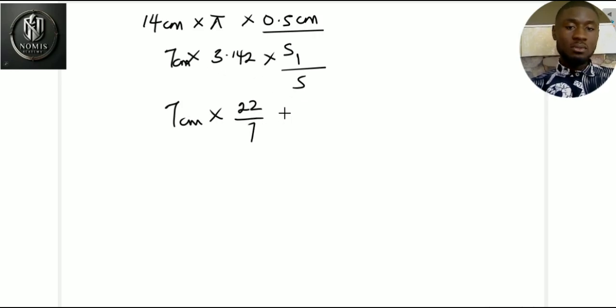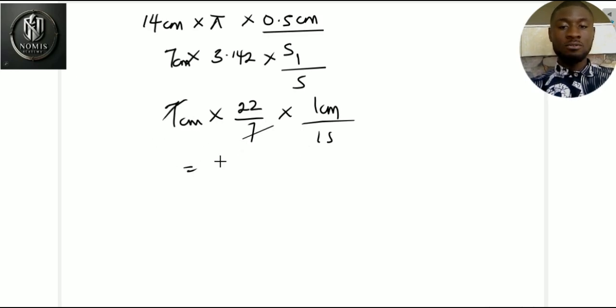Now multiply by 1 centimeter per 1 second. So 7 cancels 7, we are left with 22. Centimeter multiplied by centimeter is centimeter squared per second. So this is the dA/dt.